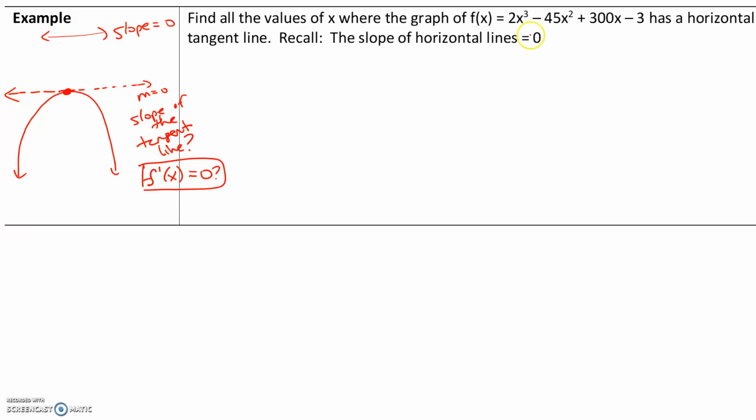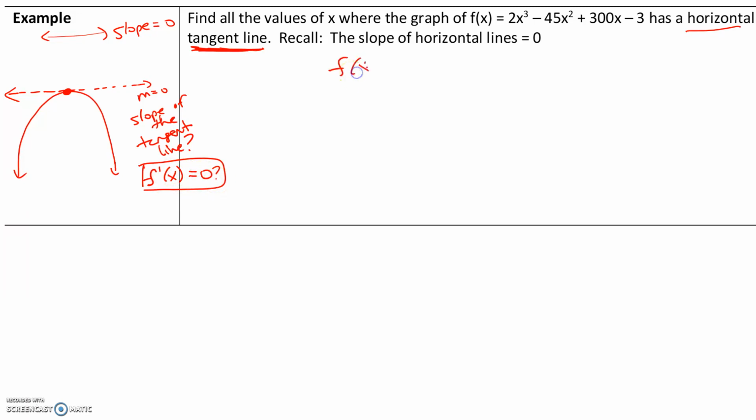We want to find out where this graph has a horizontal tangent line. The slope of the tangent line refers to the derivative, and for a tangent line to be horizontal, its slope has to be 0 because all horizontal lines have a slope of 0. So anytime we want to find where we have a horizontal tangent line, we set f prime of x equal to 0 and solve for x.